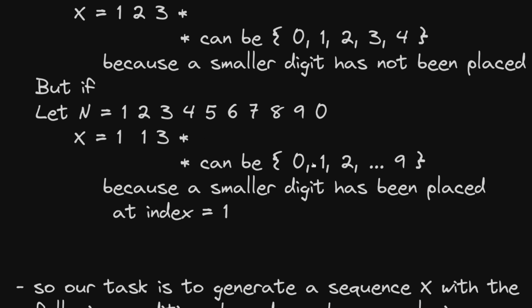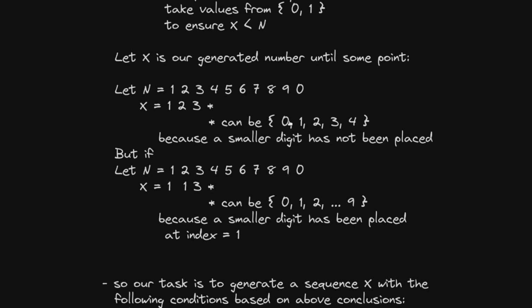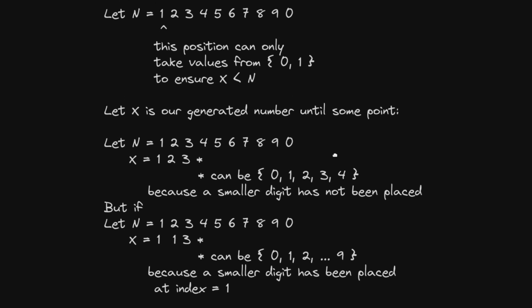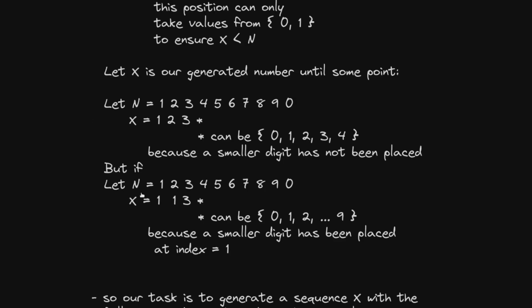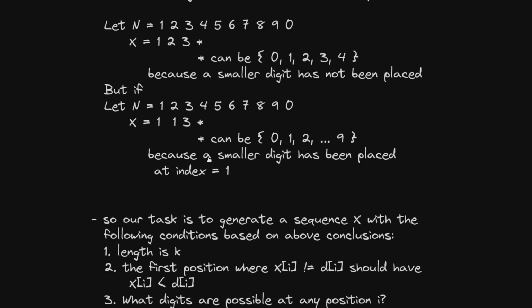Hence we can fill any digit here from 0 to 9, because x less than or equal to n is already ensured. So these were the two observations that were important for iterating over all the digits that can be possible at a particular position. These three examples illustrate that.